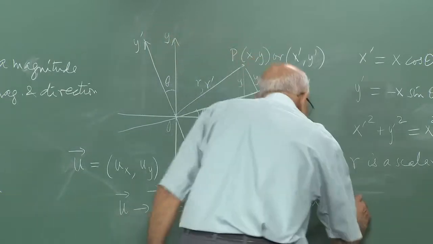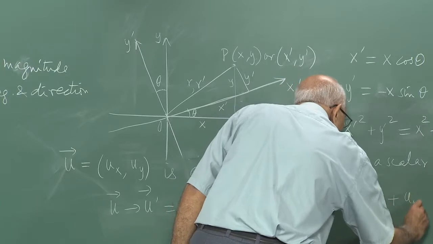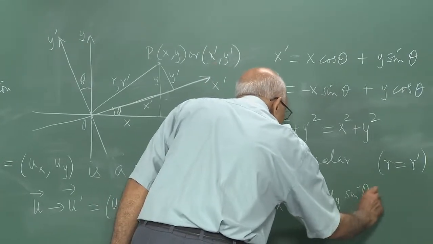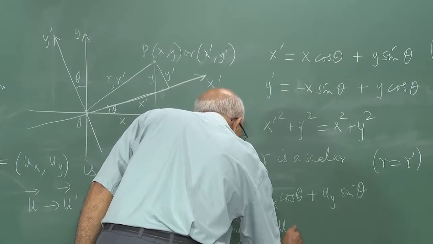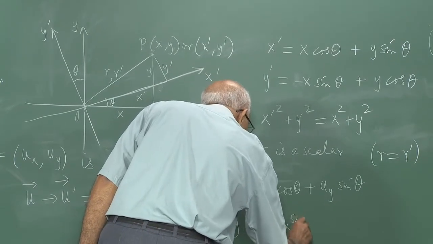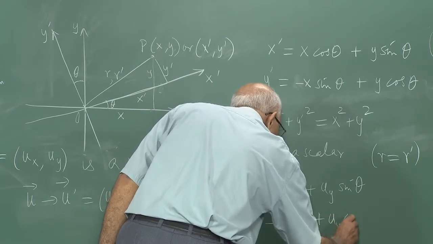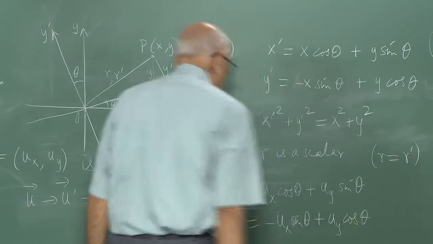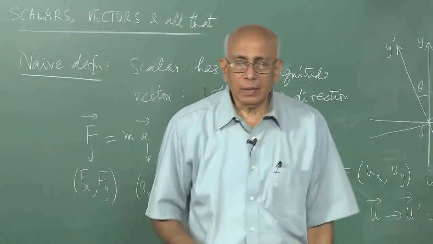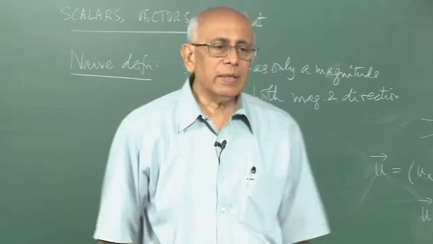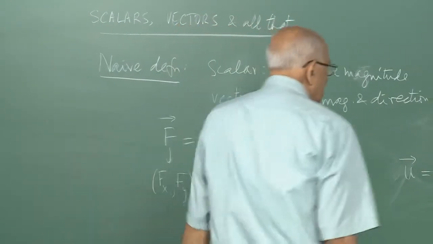So it must be equal to ux cos theta plus uy sin theta, and uy prime must be equal to minus ux sin theta plus uy cos theta. That is the definition of a vector in two dimensions, a vector under rotations and so on, but that is the definition.